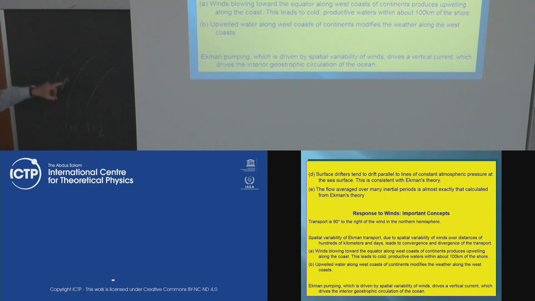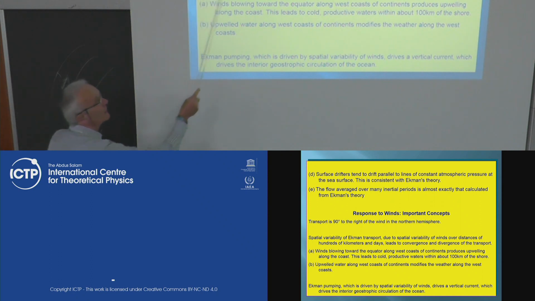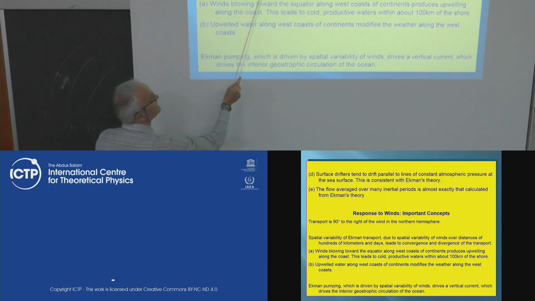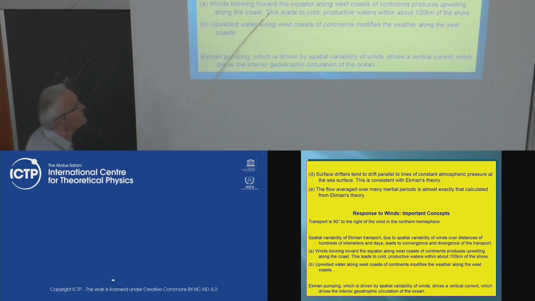And this is exactly consistent with Ekman theory, because this is the real wind, and the drifters, whose movement is determined by the flow, will be moving to the right-hand side with respect to the wind. So surface drifters will move parallel to lines of constant atmospheric pressure at the sea surface, which is consistent with Ekman theory, simply because we have to take into consideration also the friction in the real ocean.